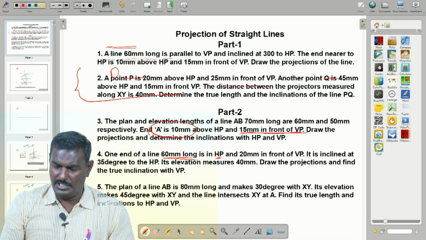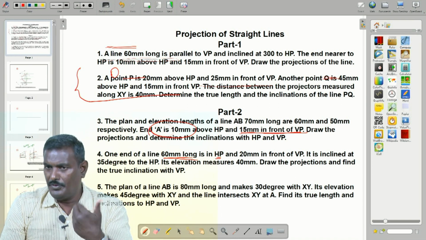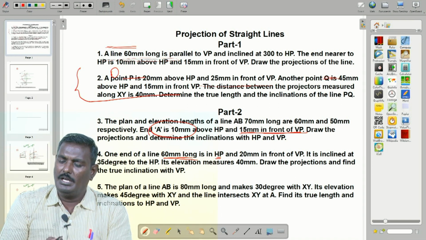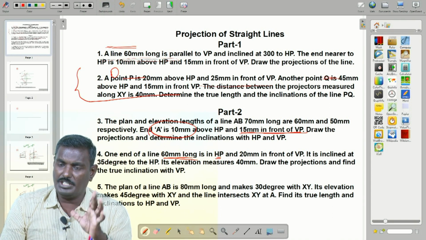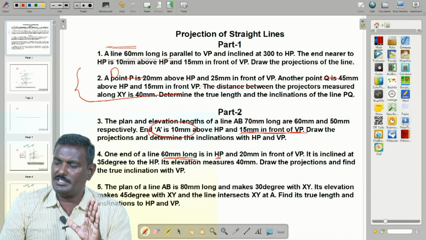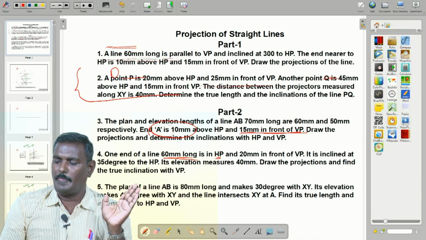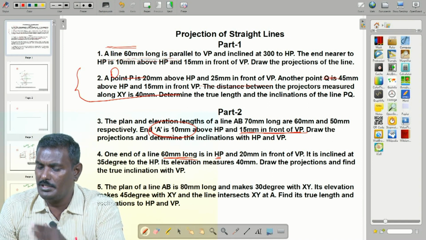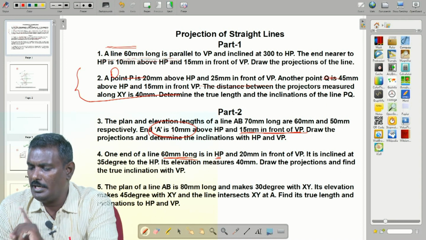First we have to read out all, then we come to the determination. Its elevation measures 40 mm. Draw the projections and find the true inclination with VP. What's the sense here? One point is in HP and in front of VP.